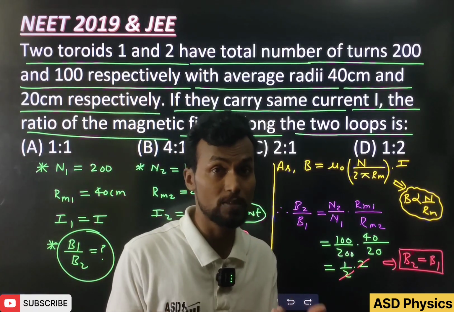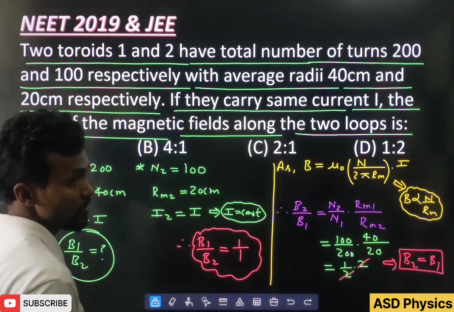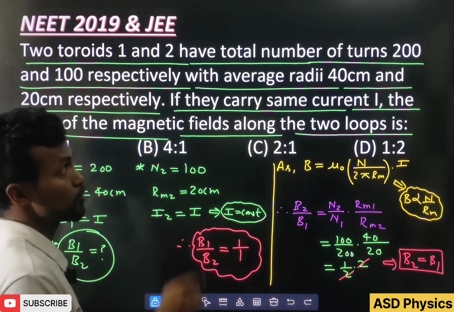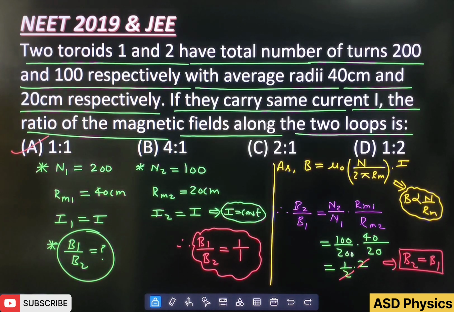But according to the question, first they mentioned toroid 1, then toroid 2, so B1 by B2. Which option is correct here? The correct option is option A.